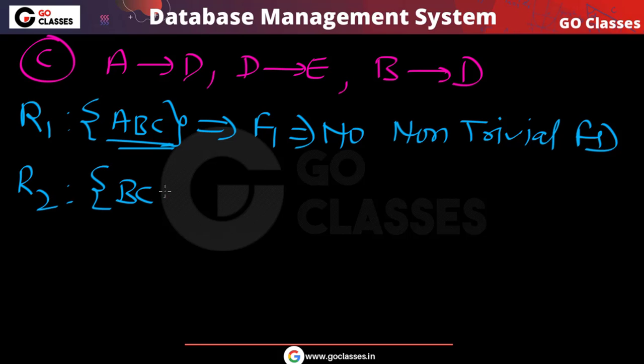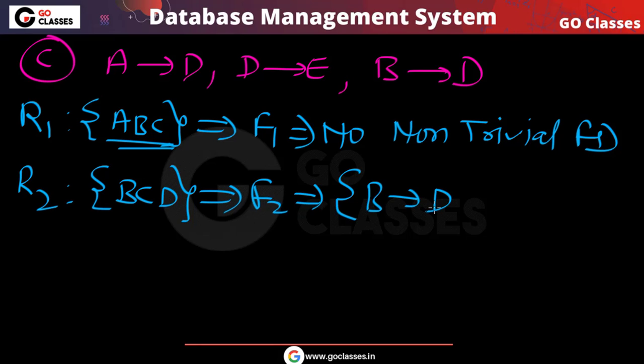Now let's see the relation R2. For this relation R2, what are the functional dependencies that are applicable? B can determine D, D can determine E, and nothing else.